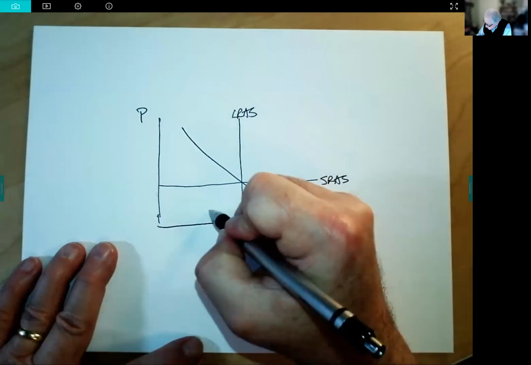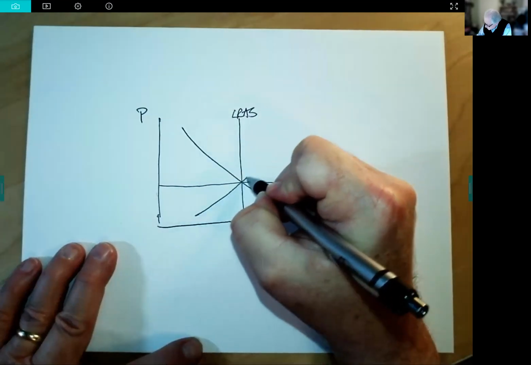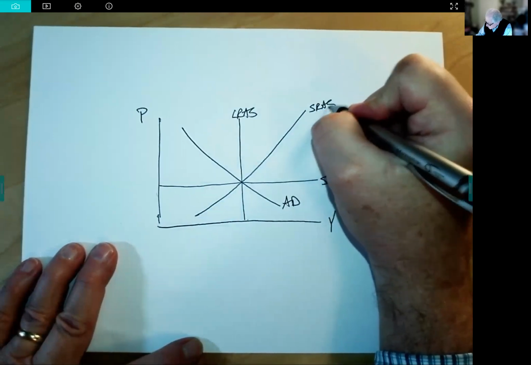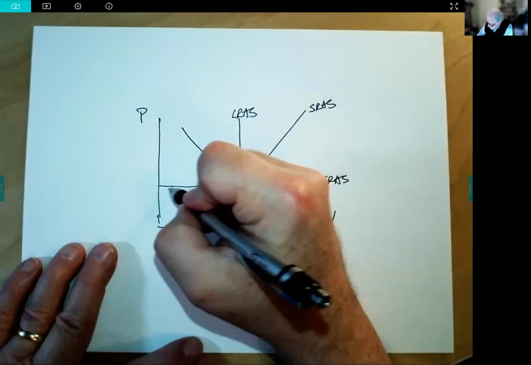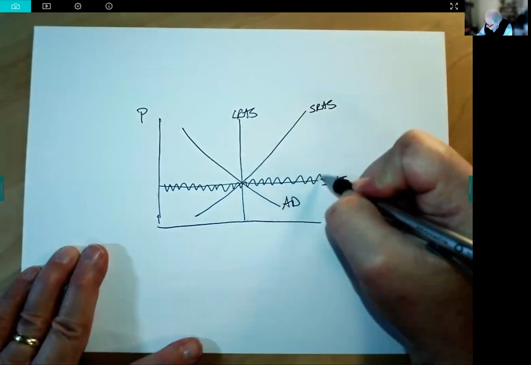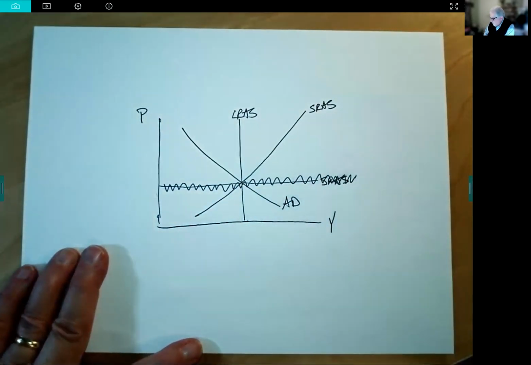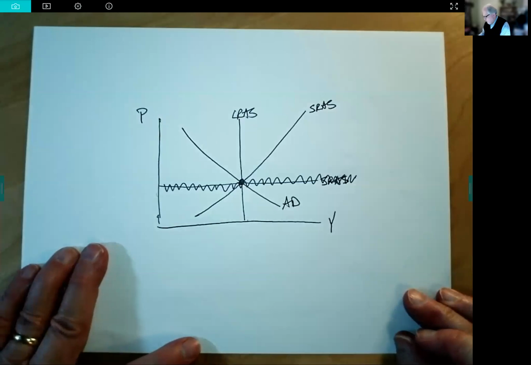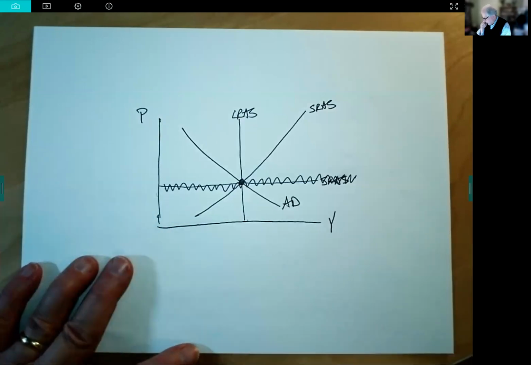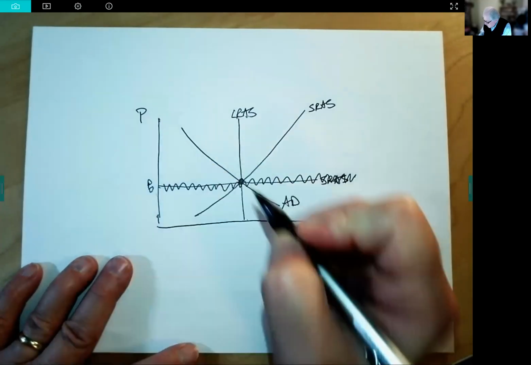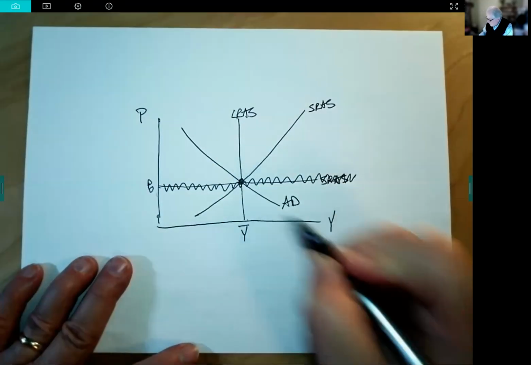In the real world, it's more like this. We're going to replace the horizontal short run aggregate supply curve with an upward sloping short run aggregate supply curve. But still, where the lines cross represents general equilibrium, and determines the price level and the level of real GDP, potential GDP.